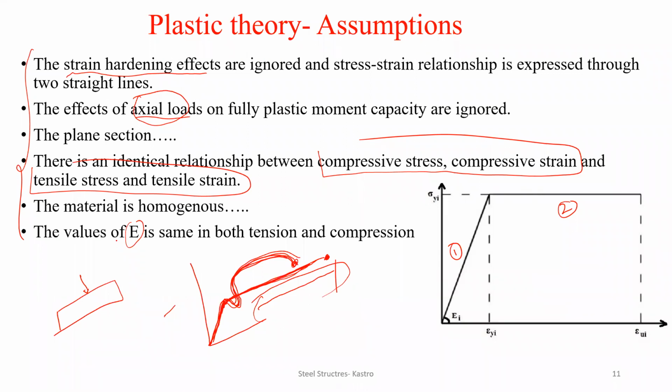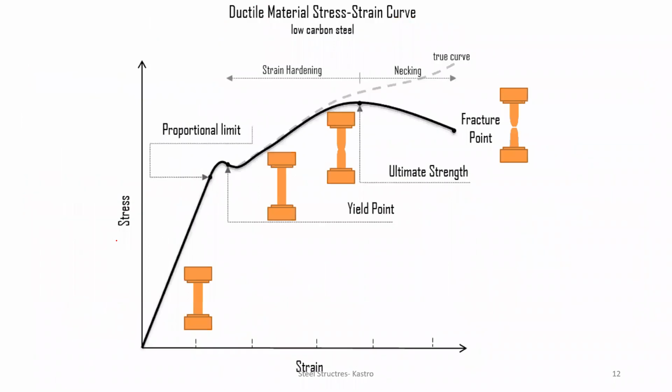Now let's look at what we are going to do in the plastic analysis. Okay, so this is the stress strain curve of a mild steel. Suppose you take the UTM machine, and in the UTM machine you are placing a mild steel rod, right? Whatever you are seeing at the top and bottom, you are seeing a mild steel rod.